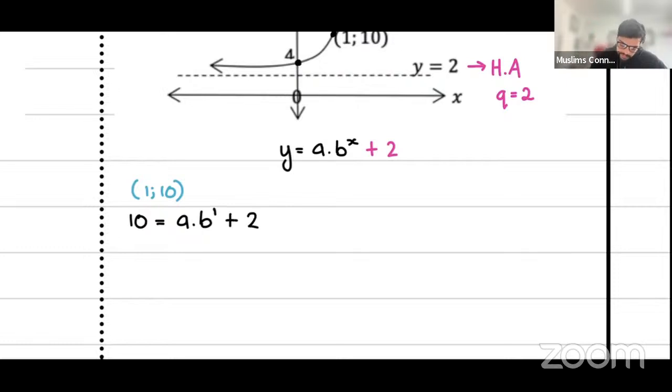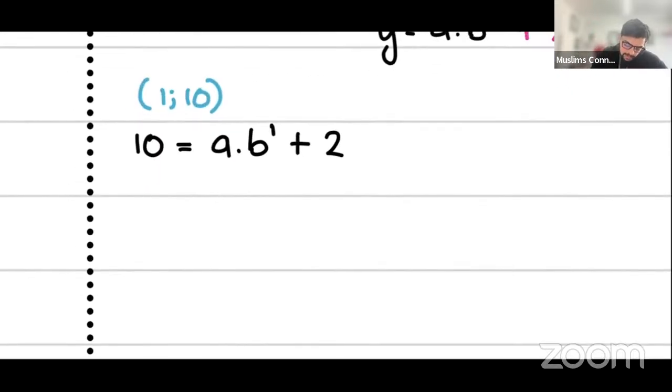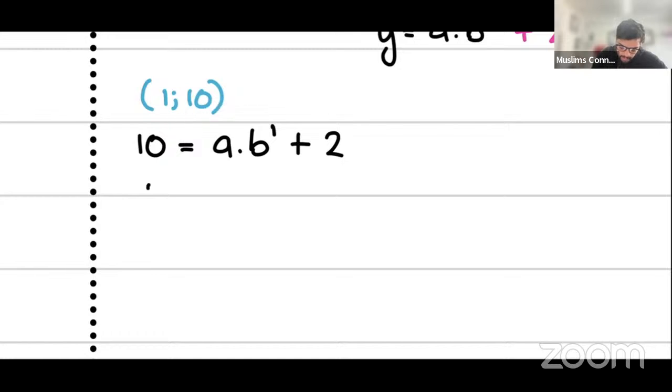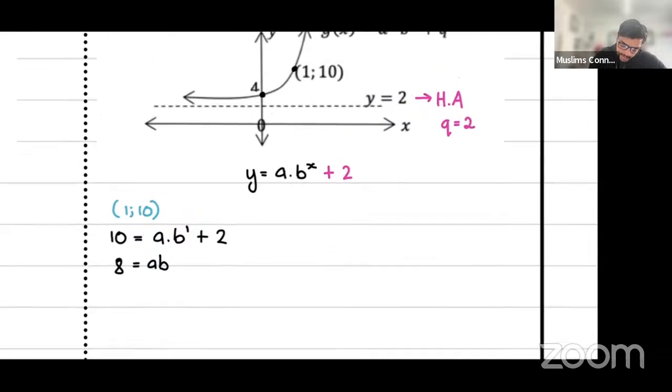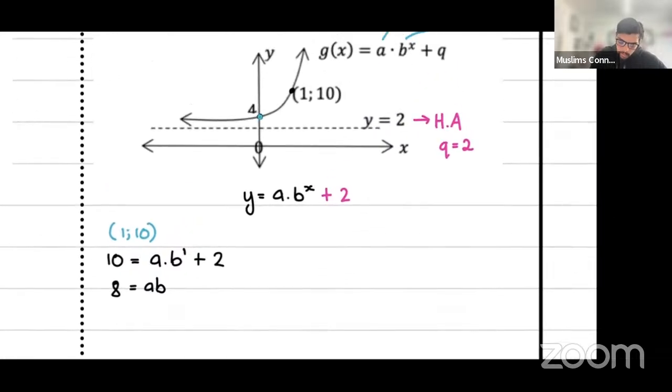If I take 2 over to the other side, 10 minus 2, 8 is equal to ab. Then my second coordinate is a y-intercept of 4, so the coordinate is (0, 4). I have 4 equals a times b to the power of 0, plus 2.